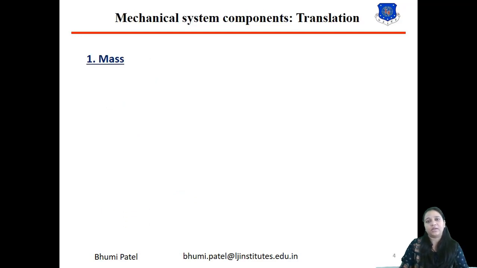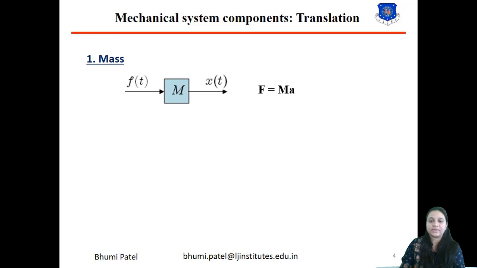First of all, what is mass? The force applied to a mass produces an acceleration of the mass. According to Newton's second law, F(t) = ma, where F(t) is the applied force, m is the mass of the body, and a is the acceleration of the body.